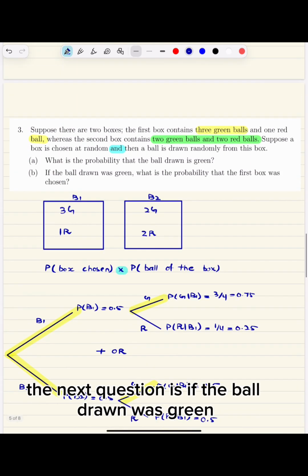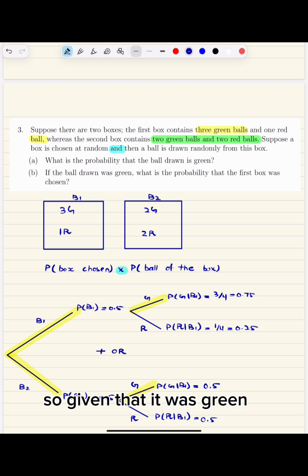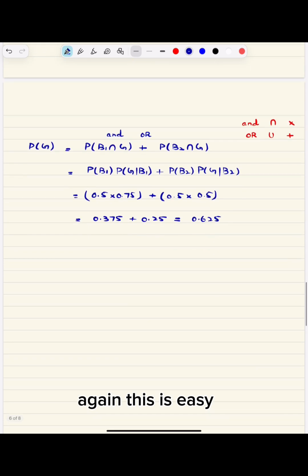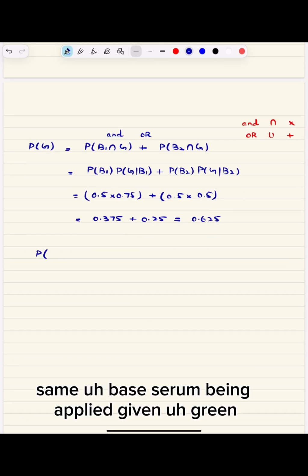The next question is, if the ball drawn was green, so given that it was green, what is the probability that the first box was chosen? Again, this is easy. The same Bayes theorem being applied.